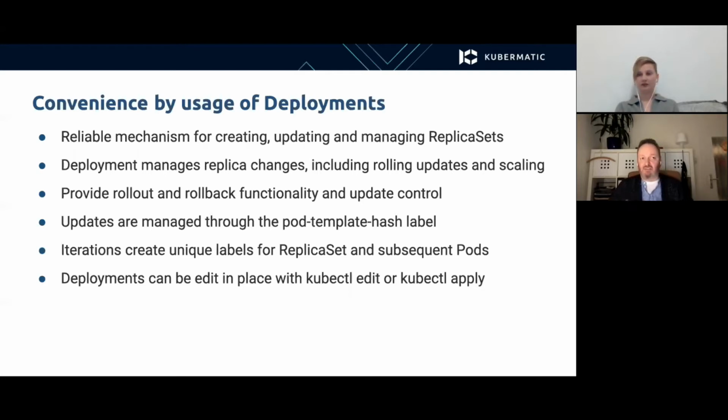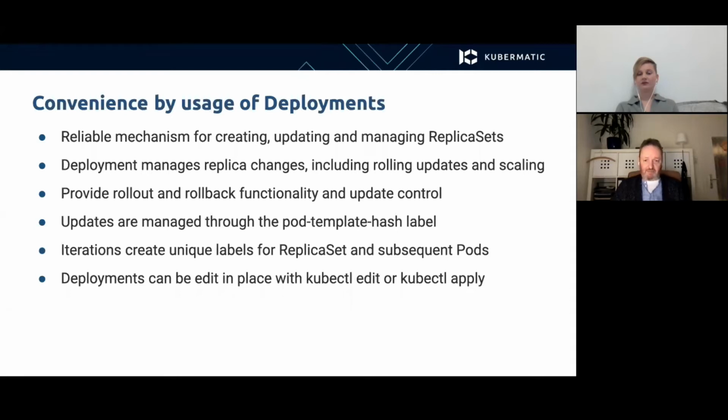So if you do different kinds of updates, these iterations create unique labels for the replica set and the subsequent pods of it. And so the deployment knows this stuff is one iteration, this is the next iteration, and this way you can also do rollback.